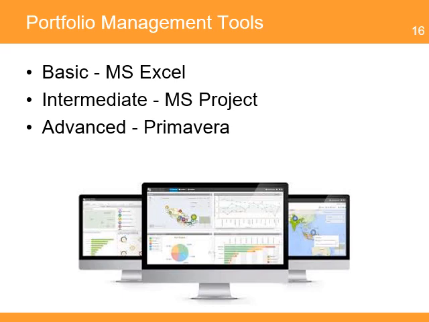There are even web-based versions of Microsoft Project that can help share the information on the internet. For organizations that have a large portfolio with many programs and projects in different countries, a more advanced solution is required. This can include tools such as Microsoft SharePoint or Primavera. The type of software solution depends on the needs and requirements for managing the portfolio process.